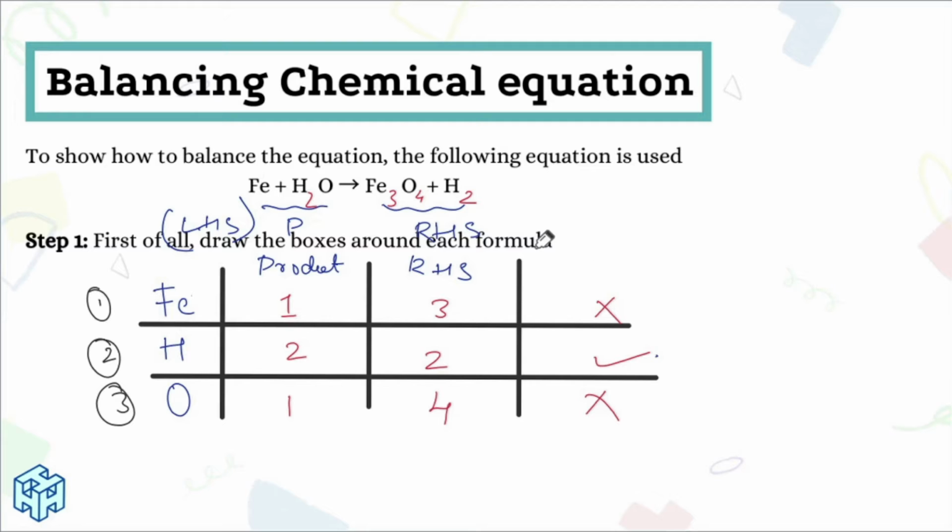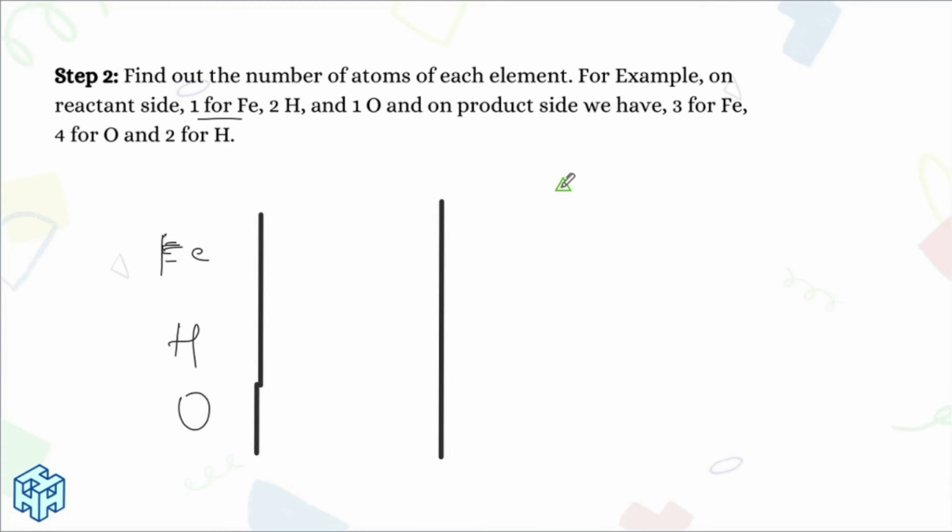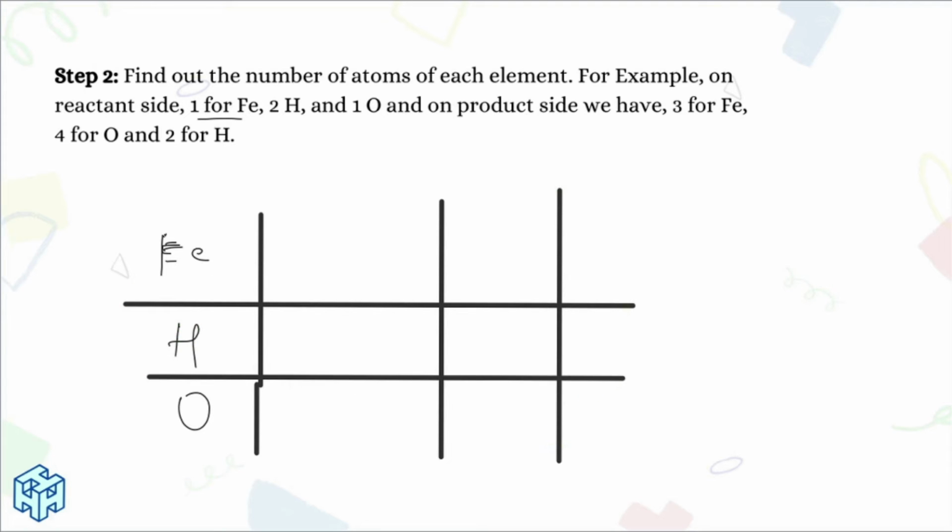Yes, let us understand. We have understood the second step. The same thing, 1 ferrous, hydrogen, oxygen. How many elements did we have? Same way as we drew here.